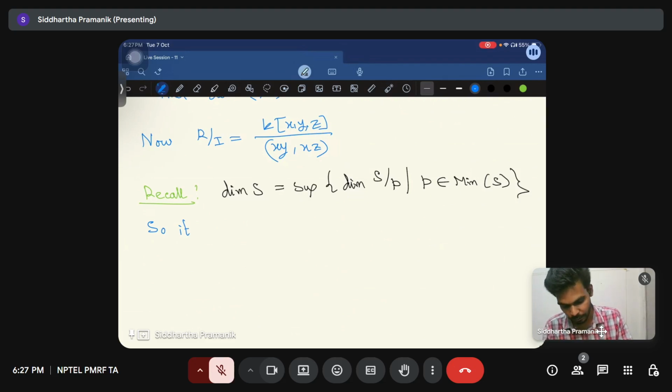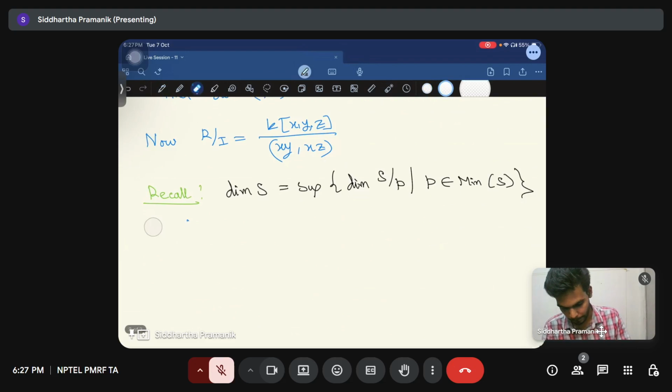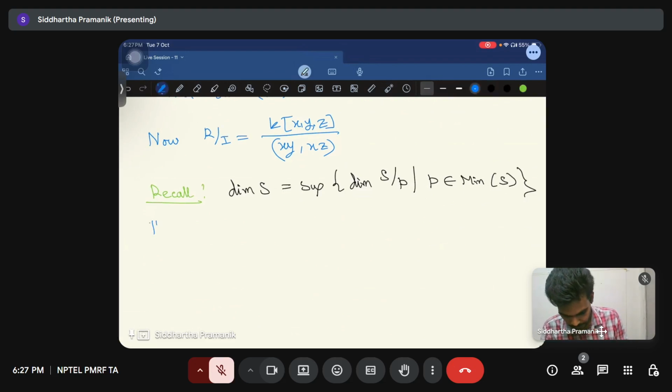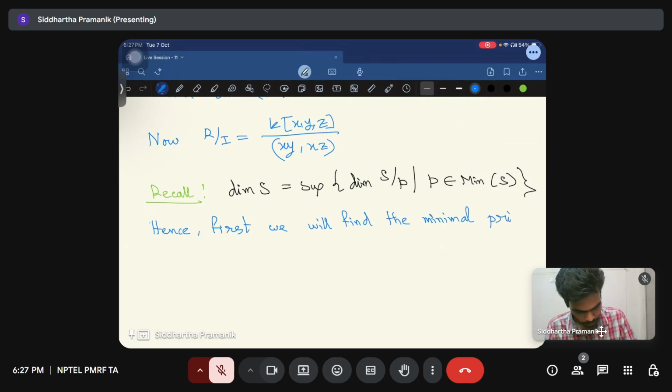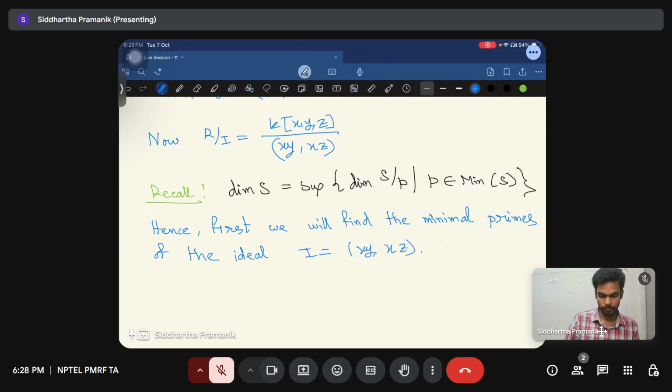First we will find the minimal primes of the ideal I, which is generated by xy, xz, right?